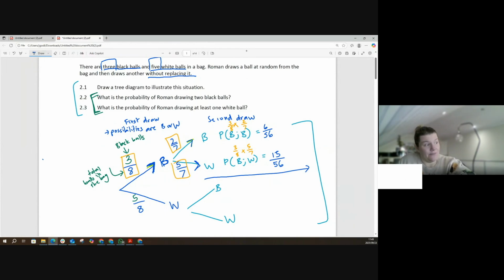Second option. I have now drawn a white ball. I still only have 7 left in my bag, but I haven't drawn a black ball yet, which means I still have 3 black balls left in the bag. So this probability is drawing a white ball and then a black ball, and that's going to be 15 out of 56.